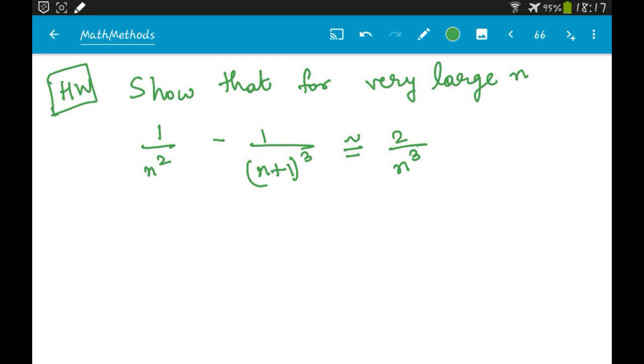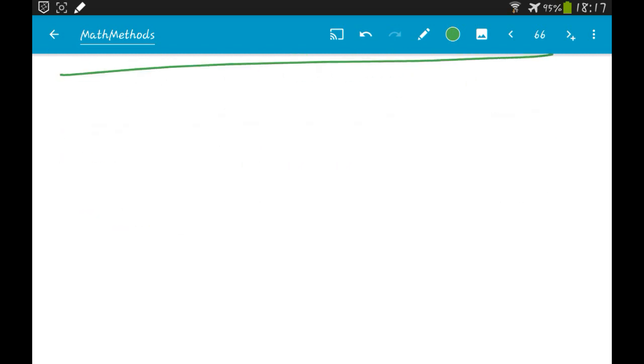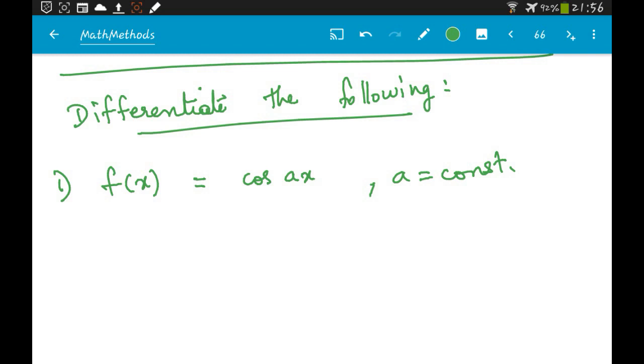Now let's look at partial differentials. Alright, so before we go to partial differentials, let us again recap some of the differentiations. So if f of x is cos ax and a is a constant, now we want to find df by dx. So we will differentiate cos ax just like we differentiate the cos x function.